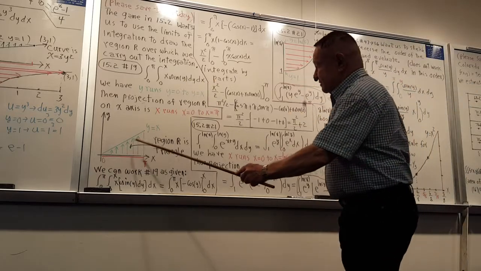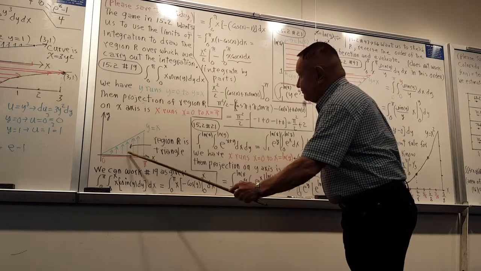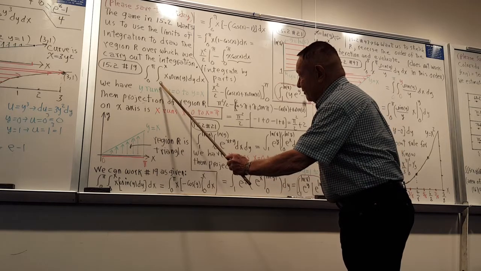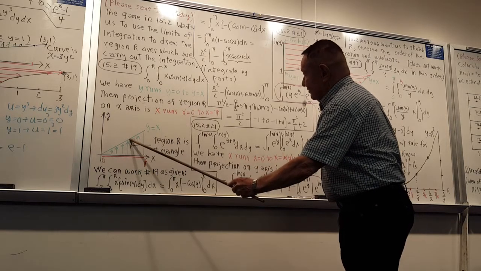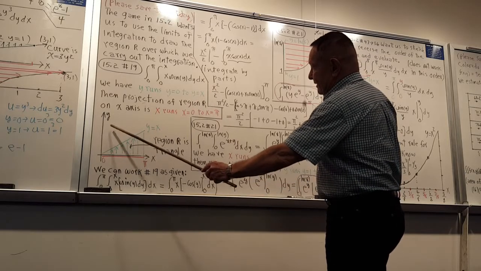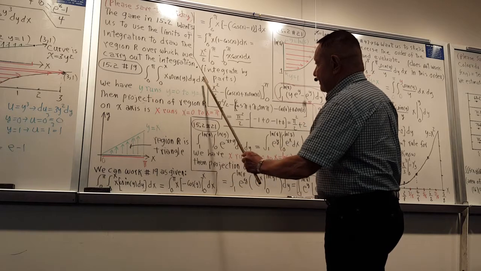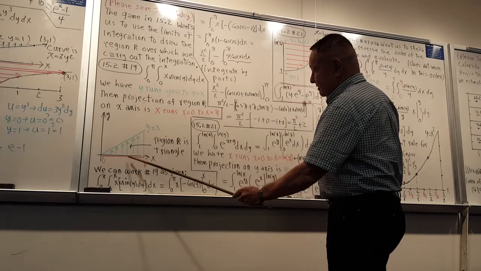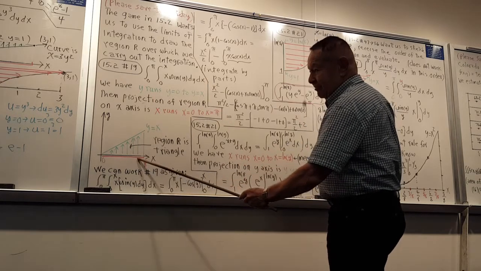So all the arrows vertically start at 0 and end on y equals x, and then the projection of the triangle onto the x-axis, which you named second, would be the red.